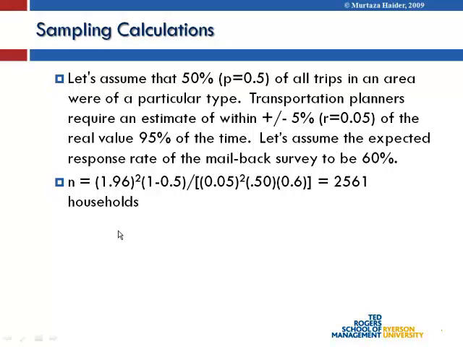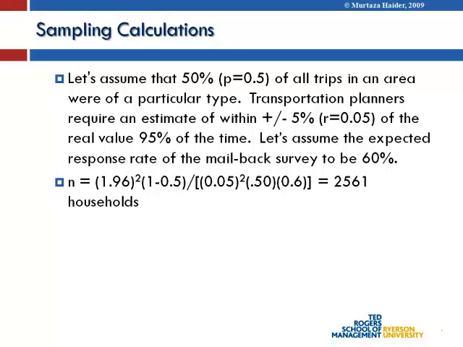So let's look at the example. Let's assume that 50% of all trips in a city or in an area are made by a particular type of mode. Let's say they are public transit trips, and the transportation planners require an estimate within plus or minus 5%.